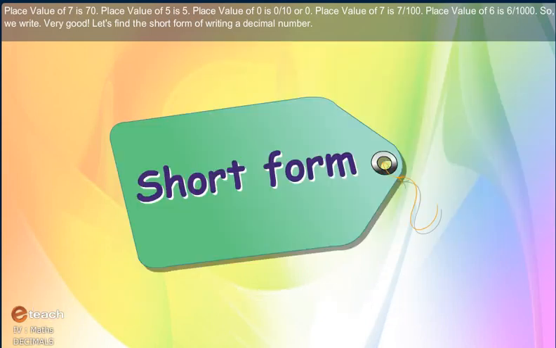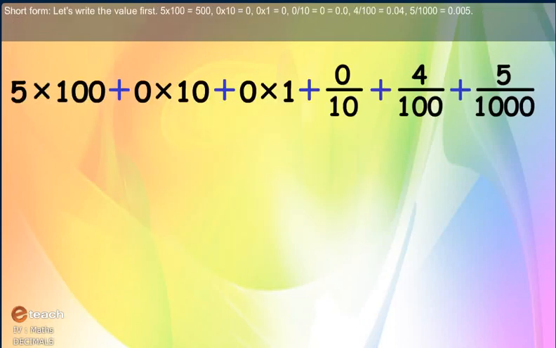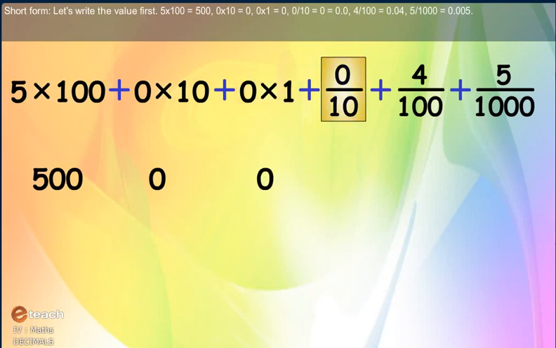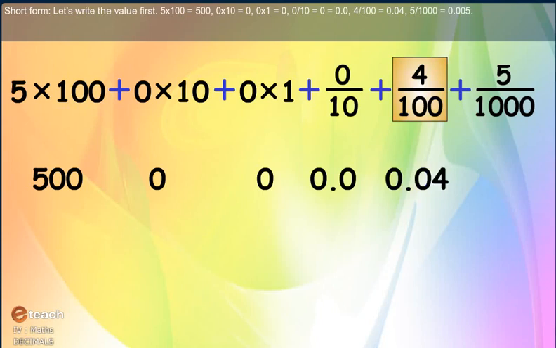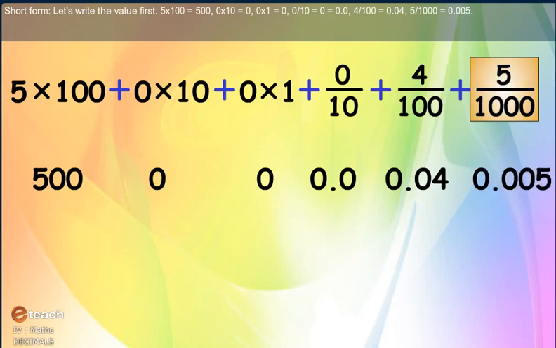Let's find the short form of writing a decimal number. Let's write the value first. 5 into 100 equals 500. 0 into 10 equals 0. 0 into 1 equals 0. 0/10 equals 0.0. 4/100 equals 0.04. 5/1000 equals 0.005.